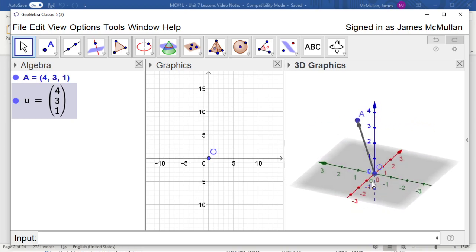And you should realize that trying to describe how to get from O to A using a magnitude and a direction is futile. How would you describe it?